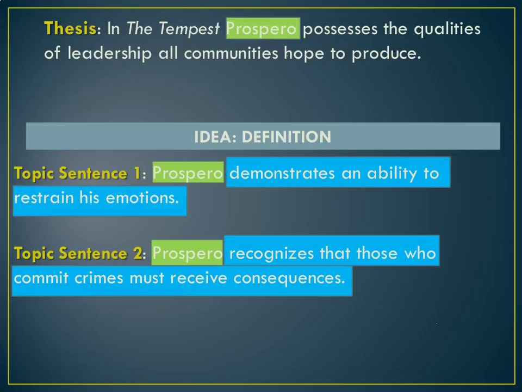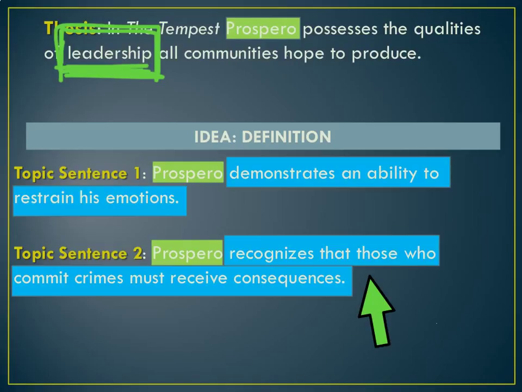In this thesis statement, and specifically in these topic sentences, what this writer has decided to do is define this idea of leadership in each topic sentence. This blue highlighting, these are the definitions that they've decided to name in each topic sentence.